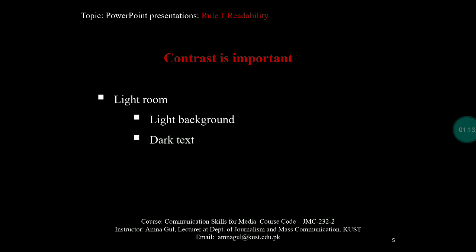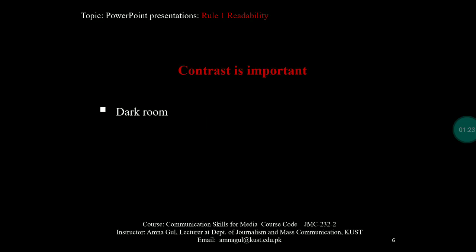The same holds true for printing any presentations on paper. For example, you have white paper and you print black text on it. However, the case does not remain the same if we shift to a dark room. If the PowerPoint presentation has to be projected in a room that has dim light, then we have to go for a dark background and light text or foreground.